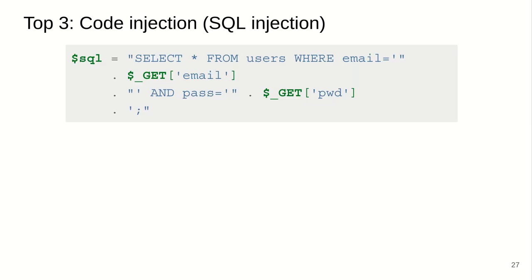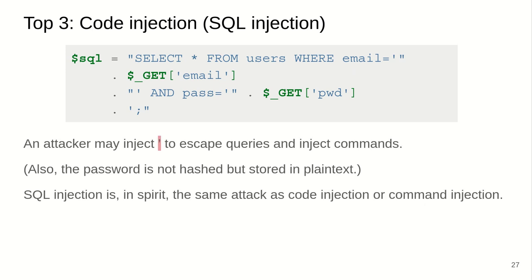If we go to another example, let's pick SQL injection. We've got this SQL statement: select all entries from users where email equals email and password equals password. This looks like a perfectly reasonable SQL statement. It gets the job done, but it would allow an attacker to inject a tick to escape queries and to inject commands.